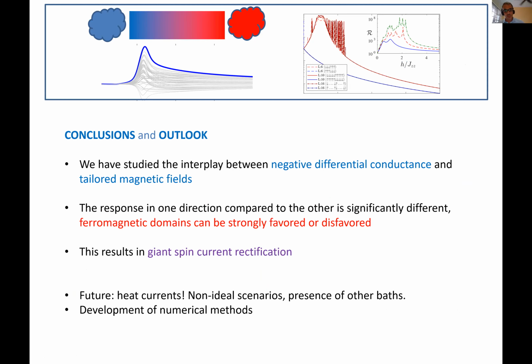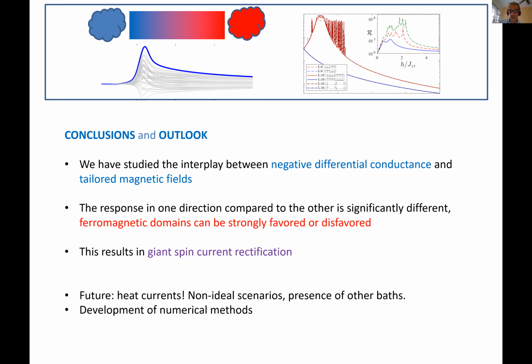So now I get to the conclusions. We have studied the interplay between negative differential conductance and the presence of a Taylor magnetic field, and this has given us a new mechanism to generate very strong rectification. The response in one direction is significantly different, because in one direction the magnetic fields favor the formation of these ferromagnetic domains, and so favor the presence of something that is not conducting.